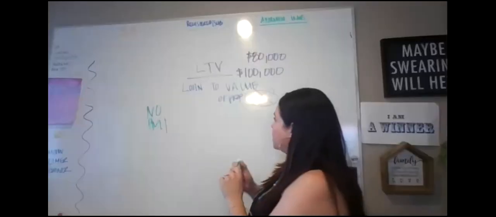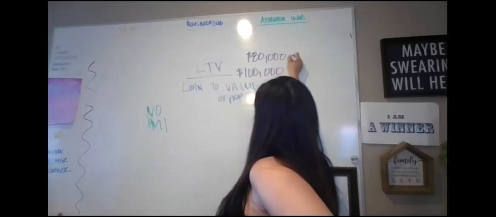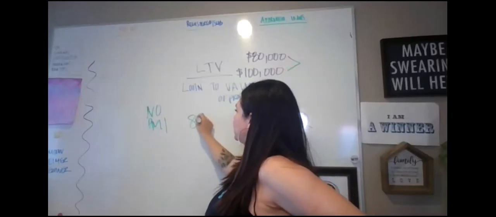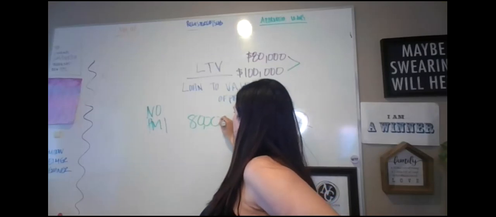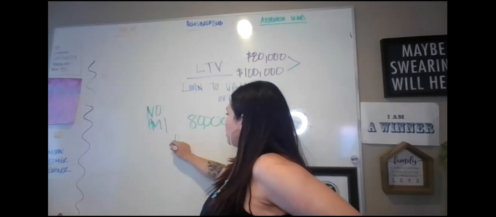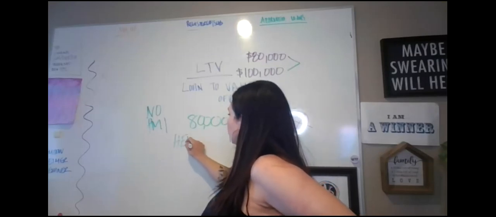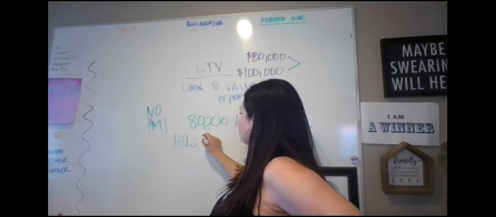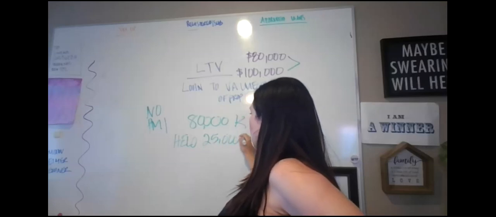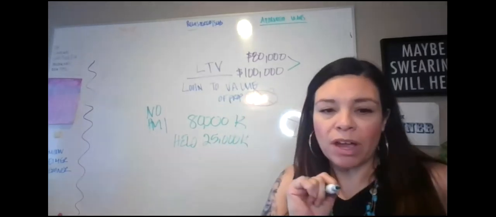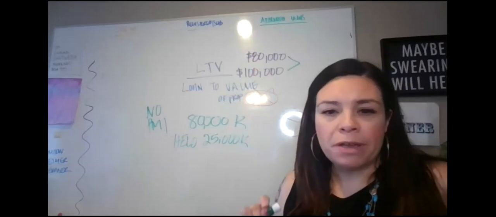Okay, so that's why you would have an HCLTV. Now imagine if we had this scenario. The first loan is 80. The HELOC is, let's say it was 25 when we got it. Okay, we're doing a refinance.